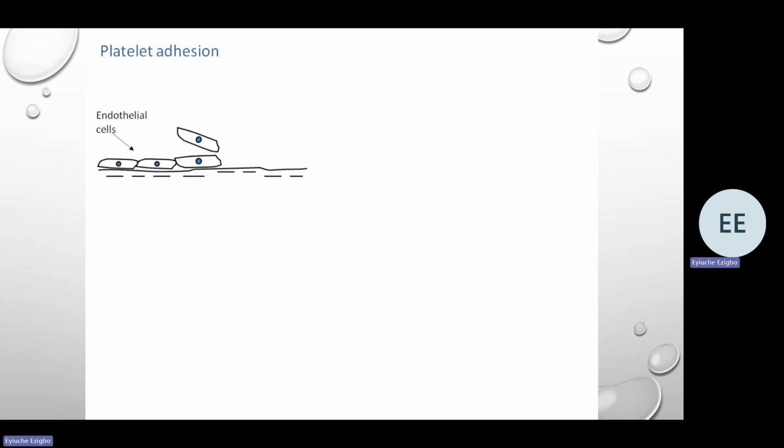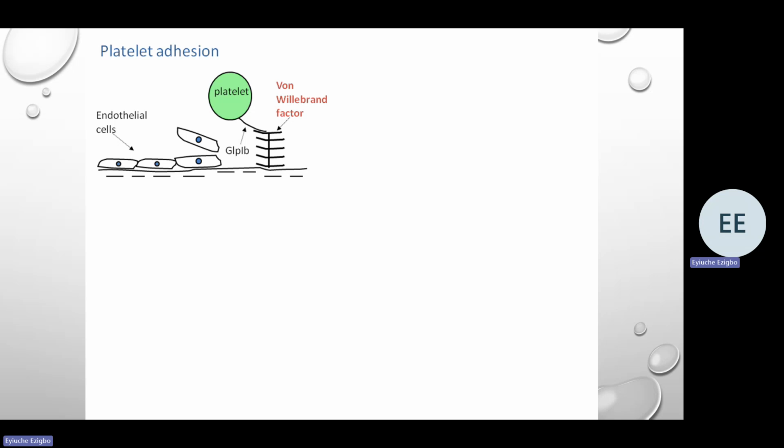So trying to use a picture to depict what we have stated about the primary hemostasis during the course of damage to endothelial cells. You can see in this diagram the vessel wall being damaged, exposing the endothelial cells. When that happens, von Willebrand factor is released from the endothelial cells, and this von Willebrand factor binds platelets, which we call platelet adhesion.